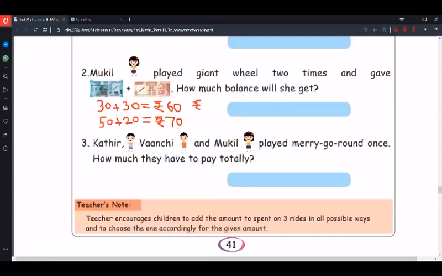Now, this rupees 70 is the amount she gave to the giant wheeler, isn't it? Minus rupees 60, the amount for giant wheel ride 2 times.